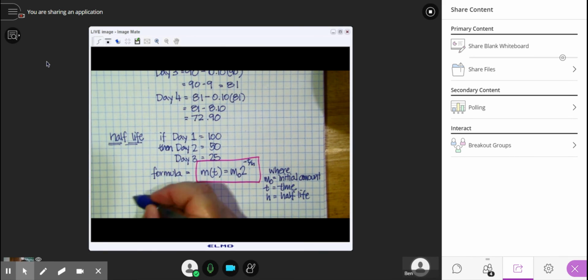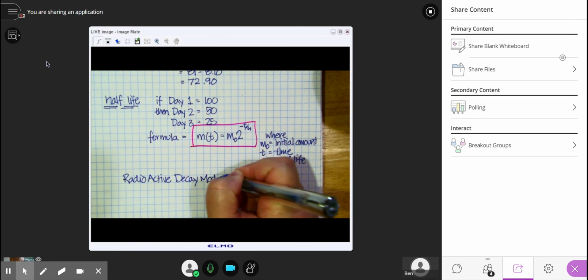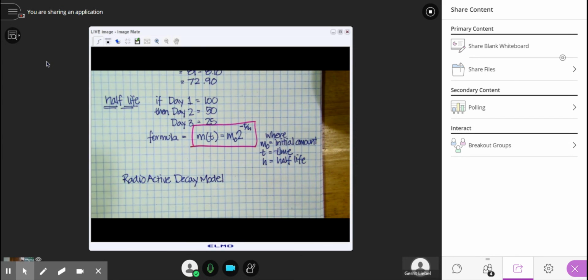I'm going to do this a little bit differently. Okay. Radioactive decay model. How much time do I have? 6 minutes. Oh, not a lot. All right.